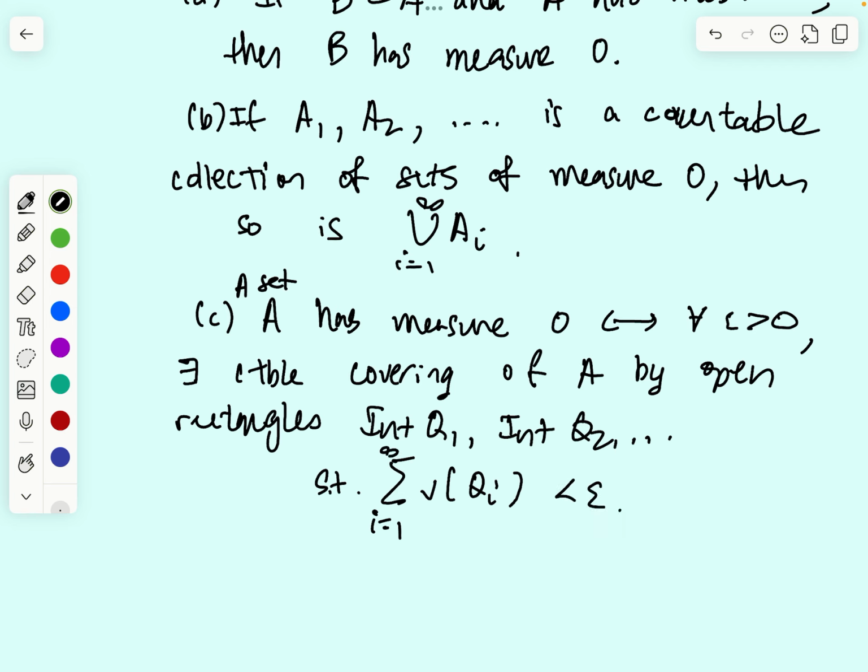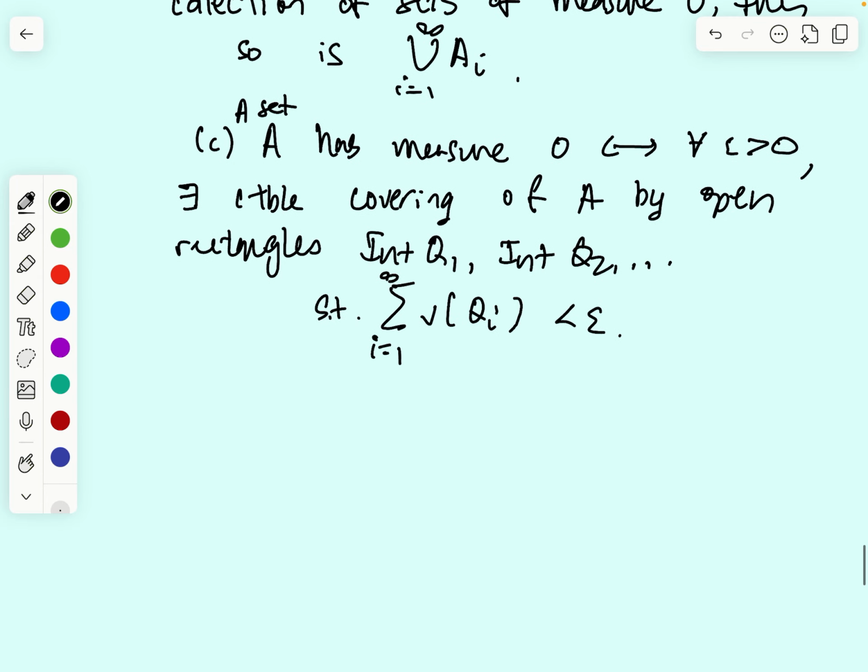So C is pretty much the definition, except you're looking at open rectangles instead of closed rectangles.